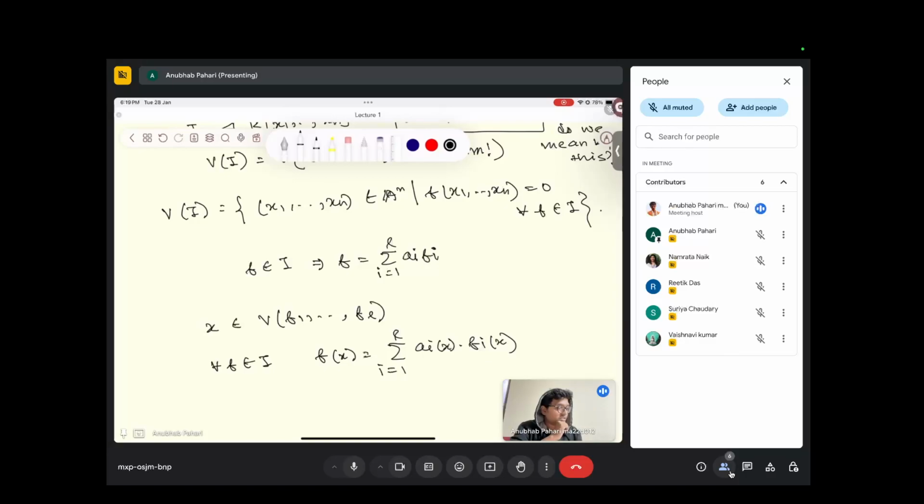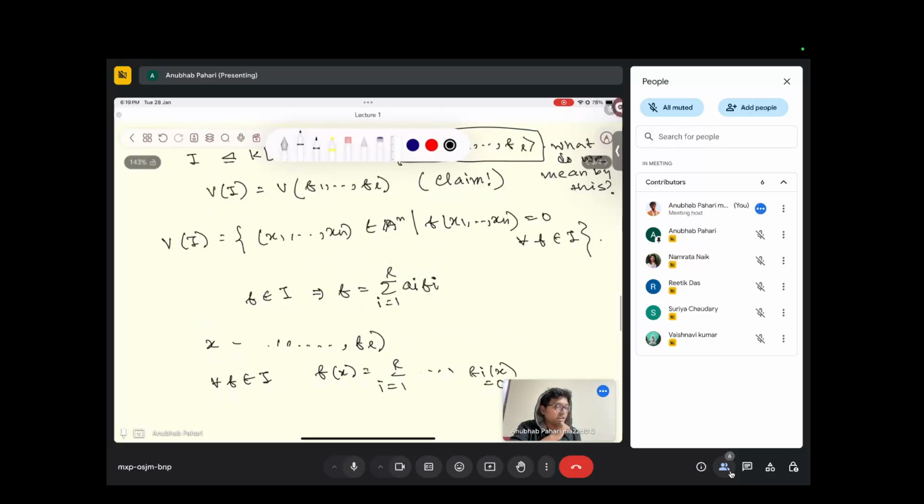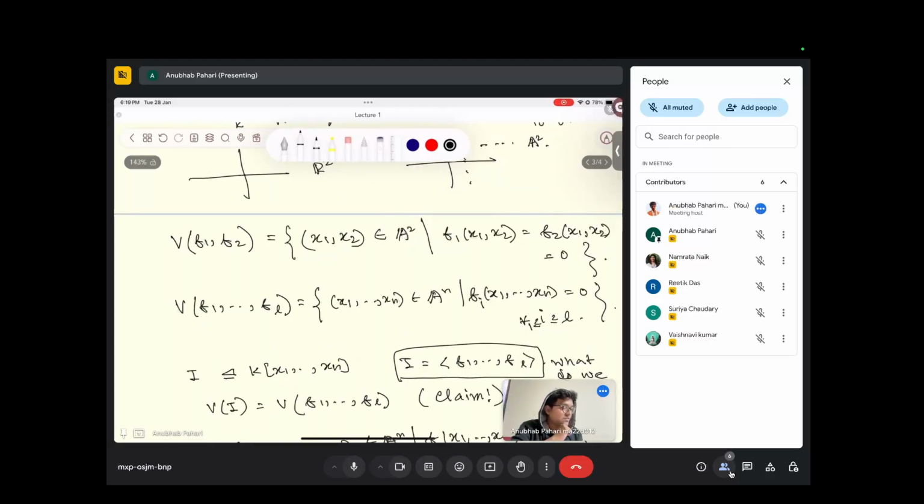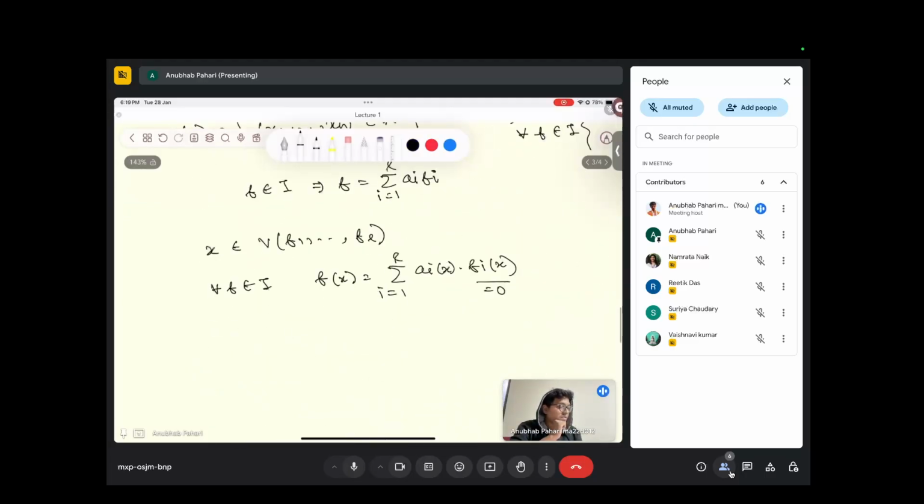And this is already 0, because x is coming from V(f1, ..., fL), and fi(x) is 0 for all i.